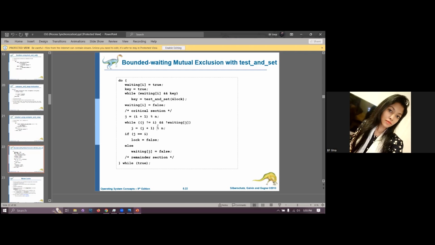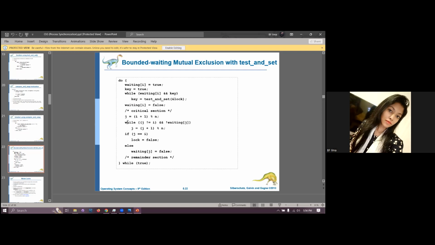So what we are trying to do here is find what is the next process that should be executed after this. So let's say j is equal to (i + 1) mod n. This is like the next value in the array.